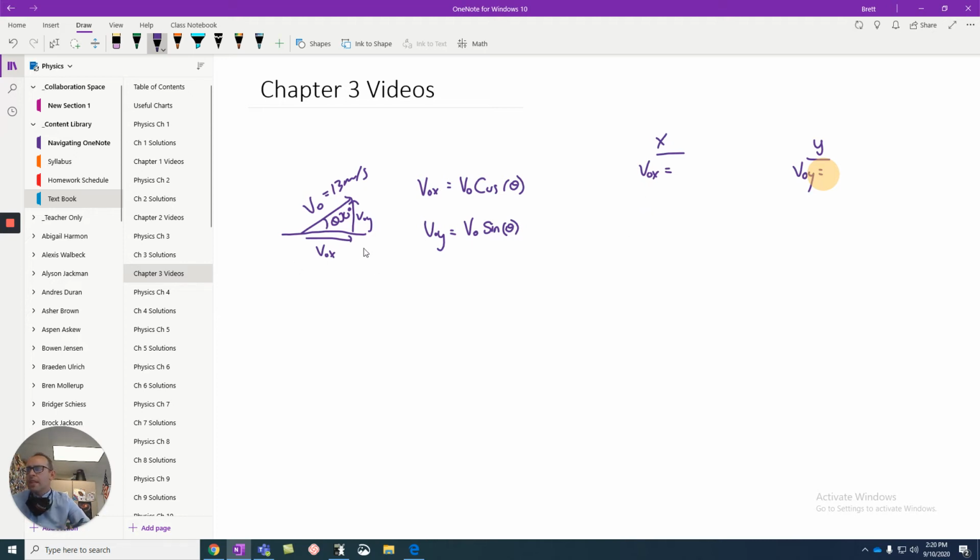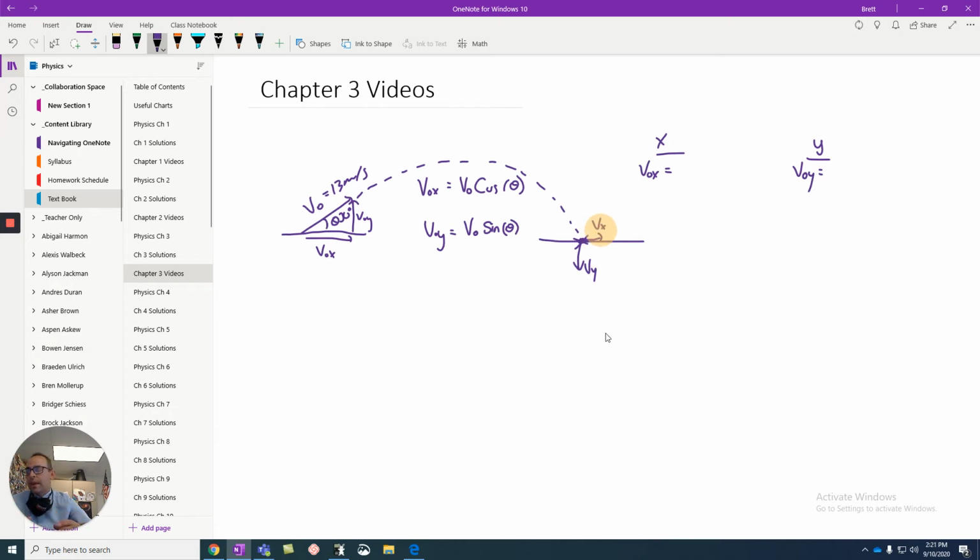A couple other things to keep in mind. If you're ever asked about the final velocity of an object, okay, so it's flying, it's doing its thing, and it's going to come down and it's going to crash, right? It's going to hit the ground. As it hits the ground, we have to understand that there is a final velocity in the y direction and there is a final velocity in the x direction.